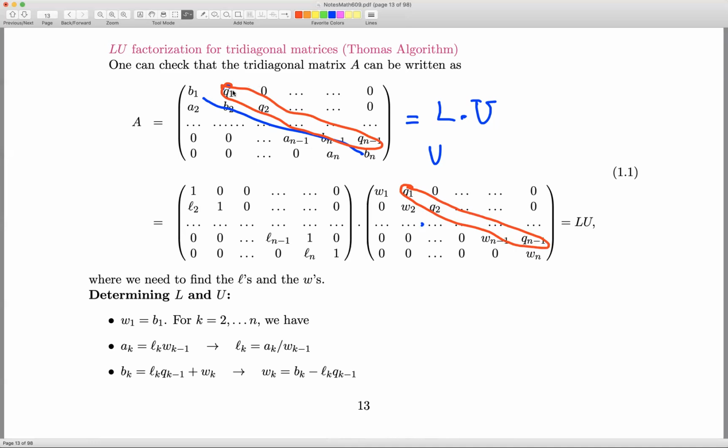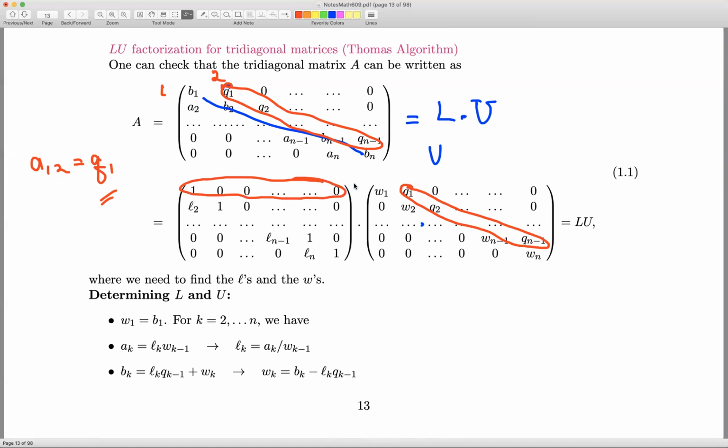Because Q1 is in position 1, 2, and we know that A1,2 is equal to Q1. So in order to end up with Q1, I have to multiply the first row of this matrix with the second column of the other matrix.